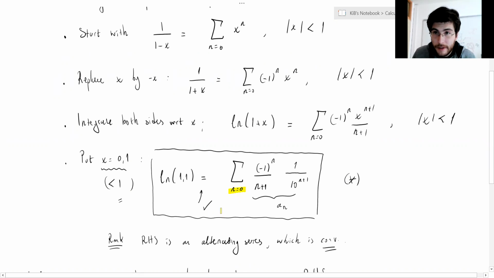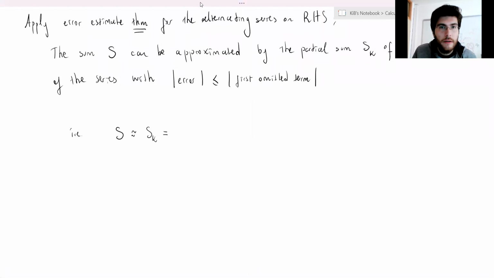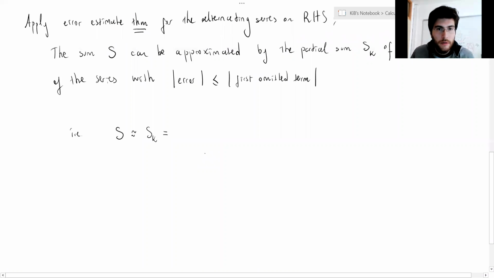N starts from 0. So therefore, you should be careful a little bit. So what is the deal? Therefore, the first term is a_0 plus a_1 plus a_2, dot, dot, dot. It goes like this.